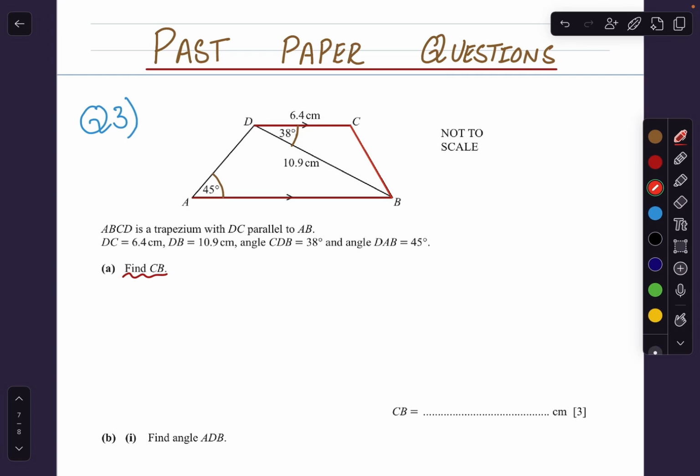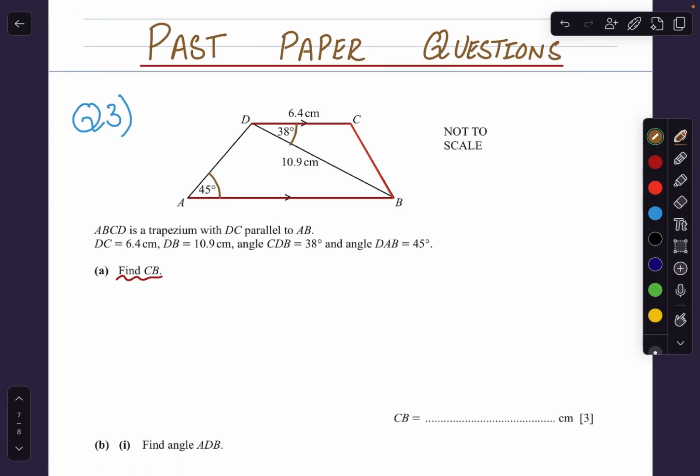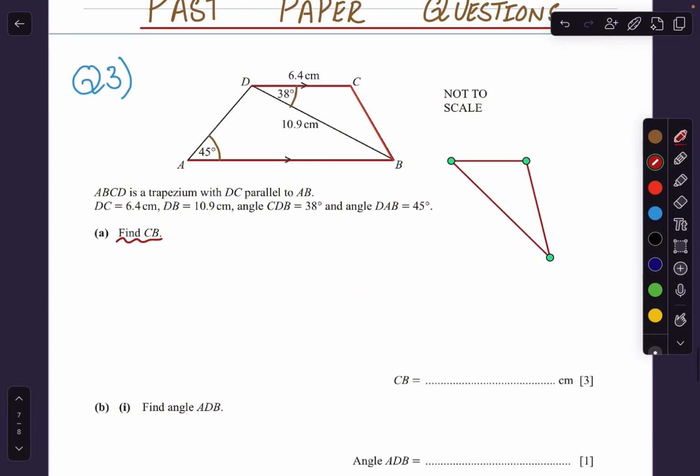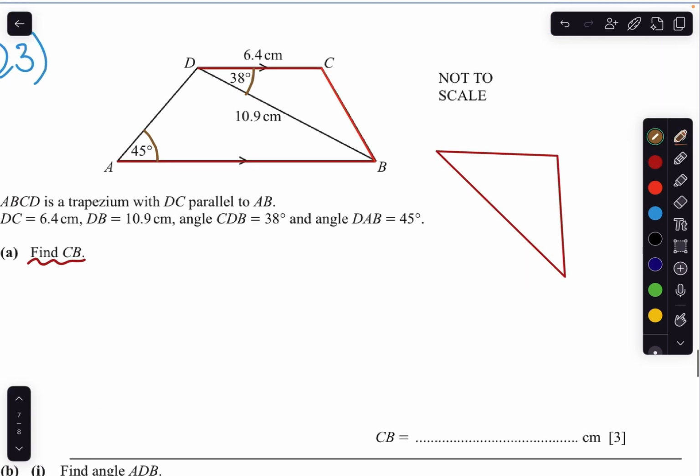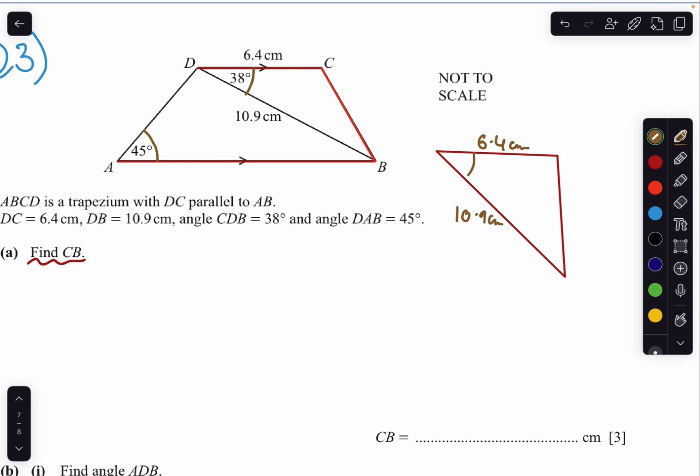To find that side, we first have to figure out carefully what sides and angles are given. So we'll take this triangle, DCB. One side is given, which is 10.9 centimeters, another side is 6.4 centimeters, and the included angle of 38 degrees is given.